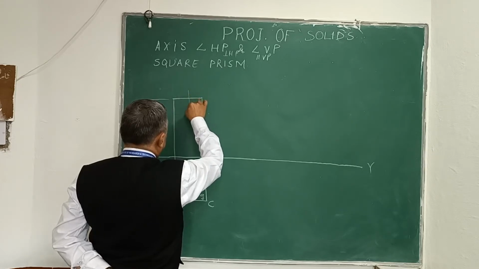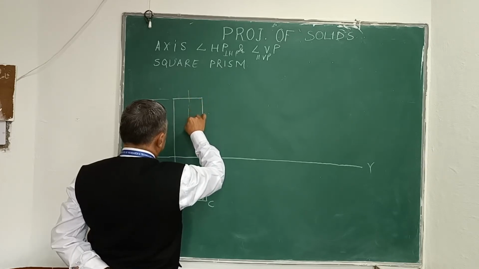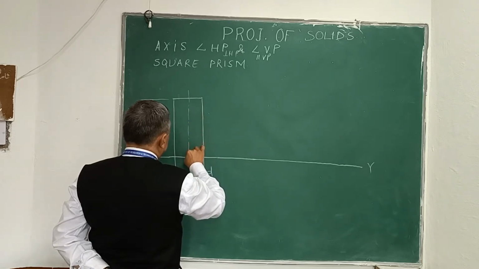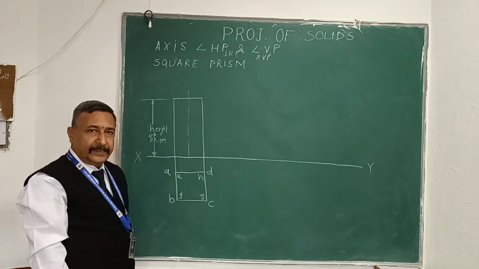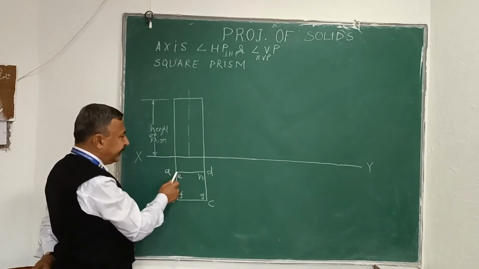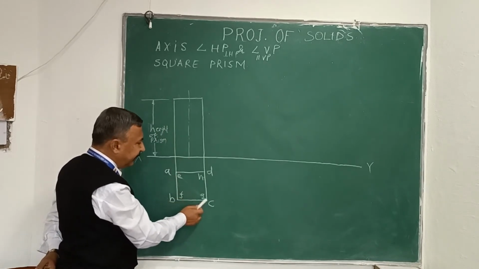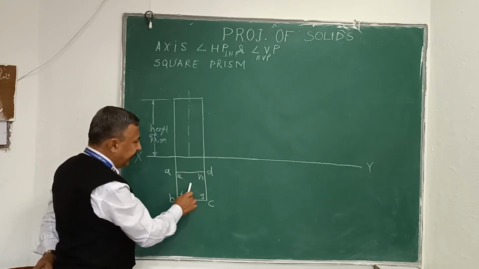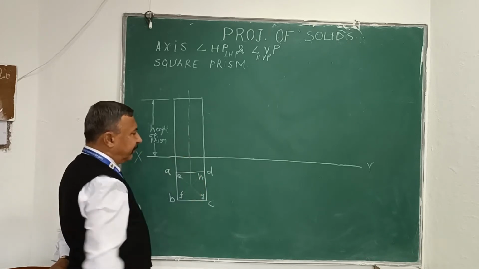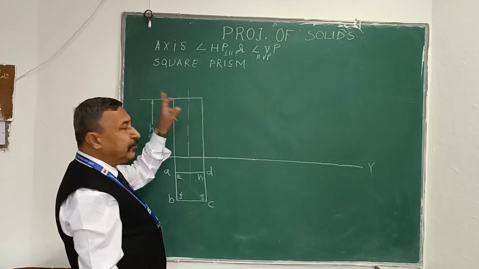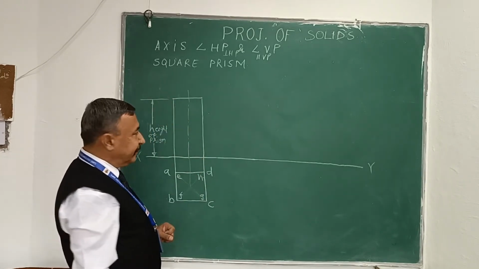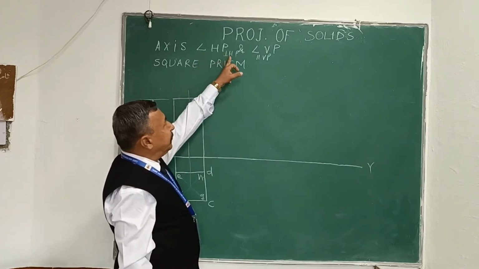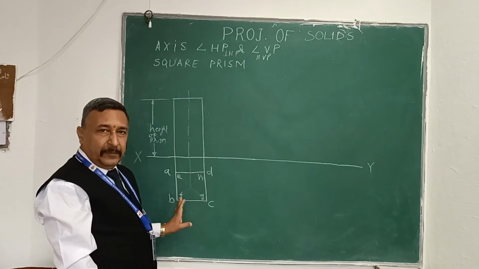This is the axis of solid, because the inclination is given of axis. How we find this, you know very well. Mark diagonals and from this center point draw a projector. This gives you the position of axis. Now this is the first position, axis perpendicular to HP and parallel to VP.